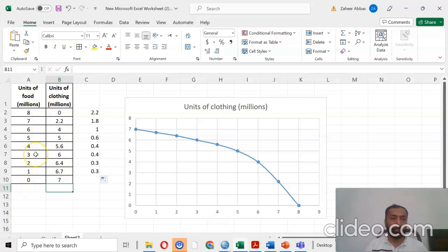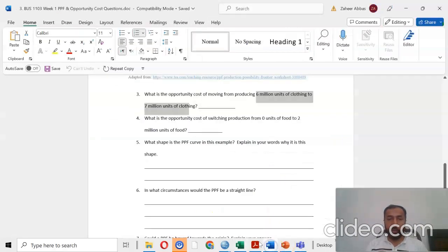So this 3 million units of food which we cannot produce, if we increase the production of clothing from 6 million units to 7 million units, is the opportunity cost of moving from 6 million units to 7 million units.